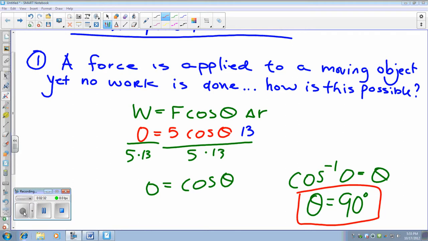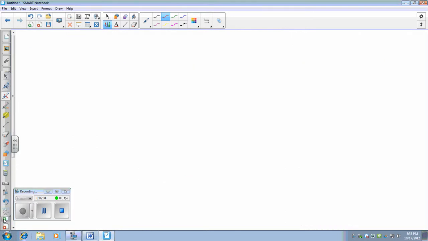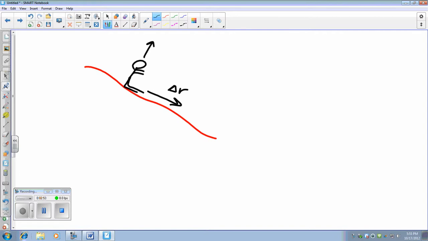And let's jump to a new slide. Let's say that I have a kid going down a slide, and the kid's going down the slide, yay. And as the kid's going down the slide, the displacement is going to be in one direction, and the normal force is going to be in another direction, really upward at a 90-degree angle.